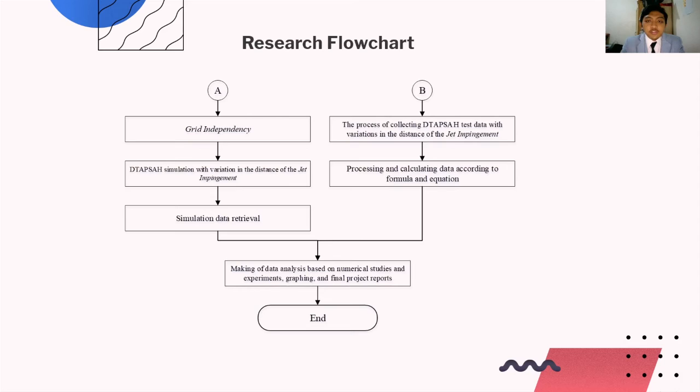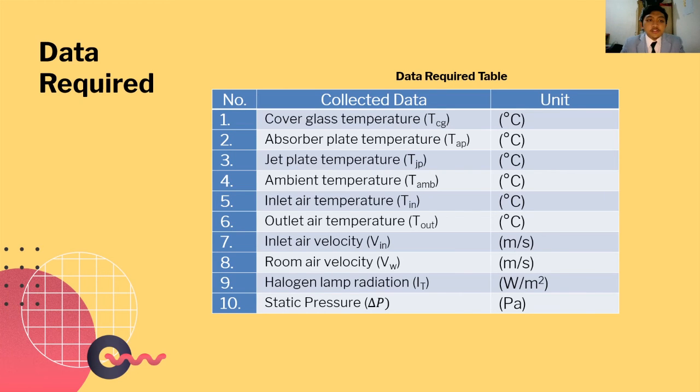For the experimental flowchart, the process is collecting DTAP-SAH test data with variation in the distance of the jet impingement, and then processing and calculating data according to the formulas and equations. After the two studies are finished, we can make the data analysis based on numerical studies and experiment, graphing, and final project reports.